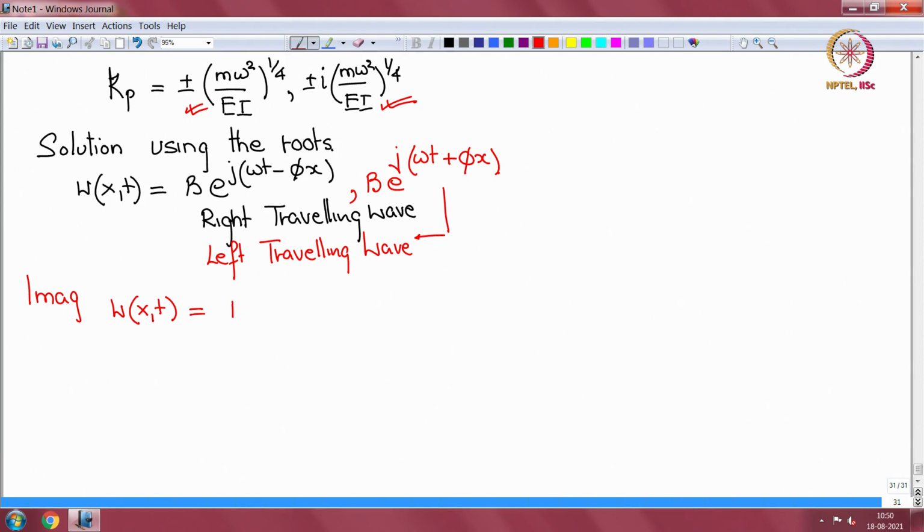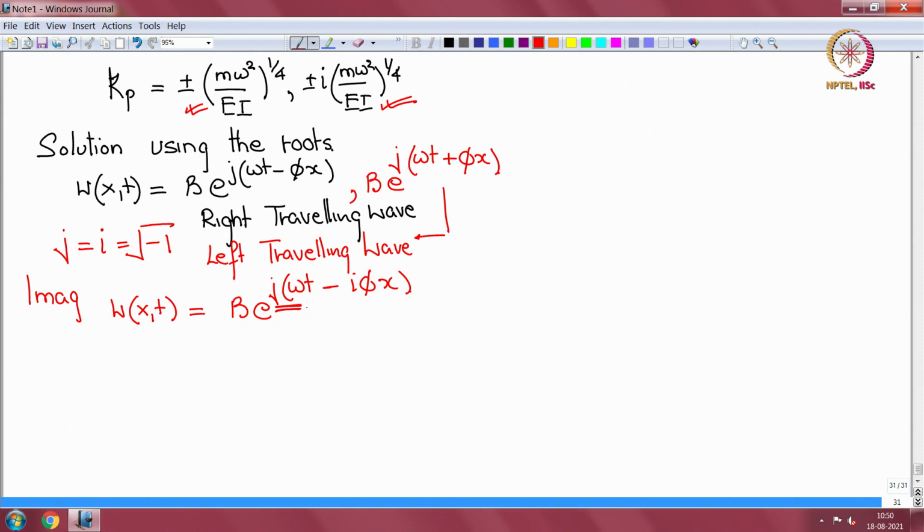So, b e to the power of j omega t, positive imaginary. So, I get minus i phi x. This e to the power j omega t does not bother us, but this j over here, I use j and i interchangeably, so please do not mind that, I am used to it. Both are square root of minus 1.